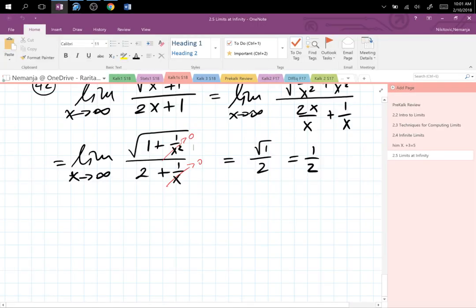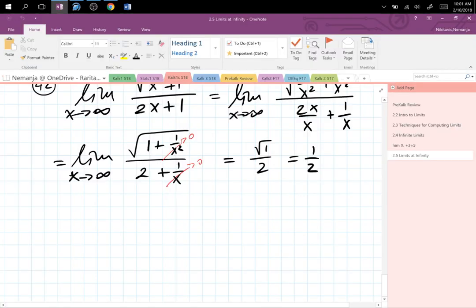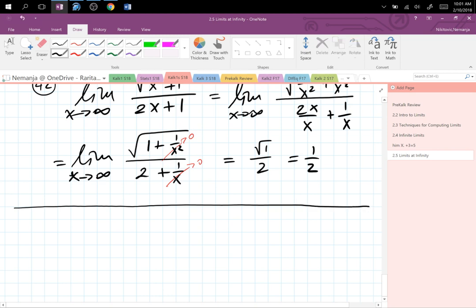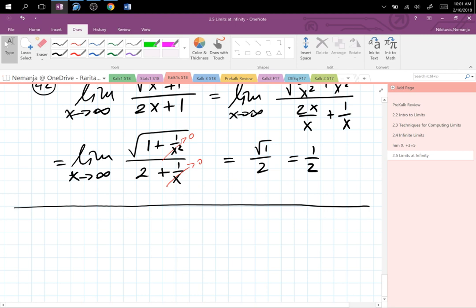I'm gonna stare at that screen more than anything else. And why is the stream red? Video output low. It's just when the network is moody, this computer just goes crazy. It loves to be connected to internet 100% of the time.